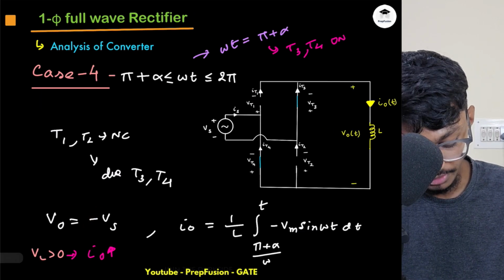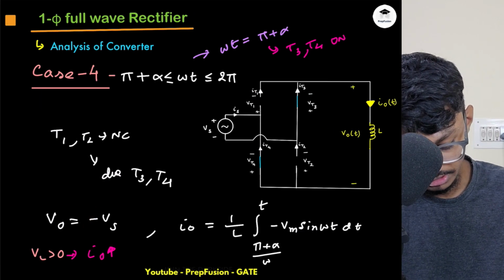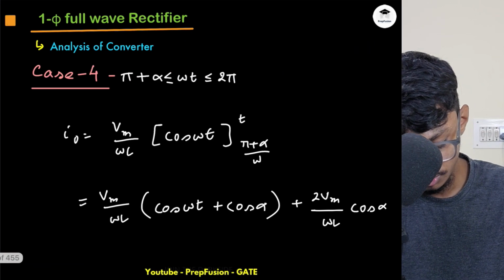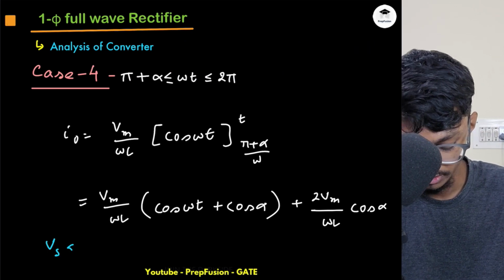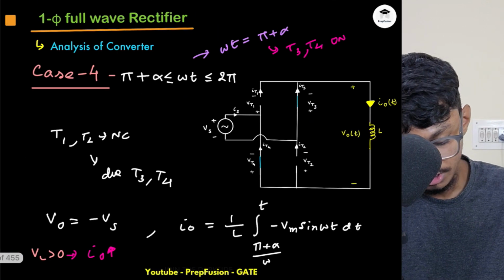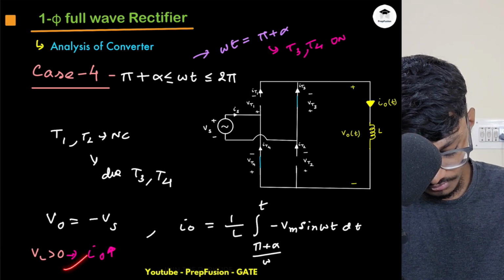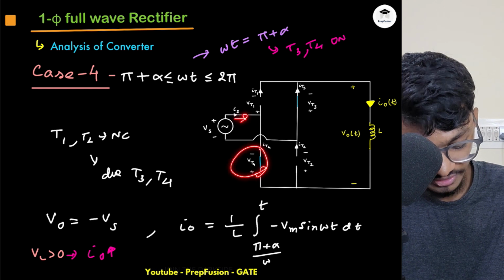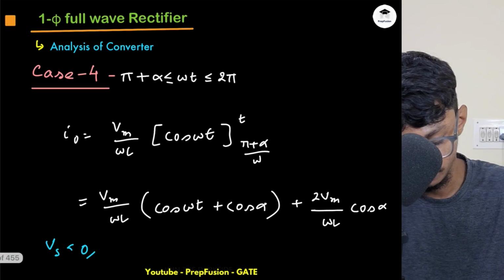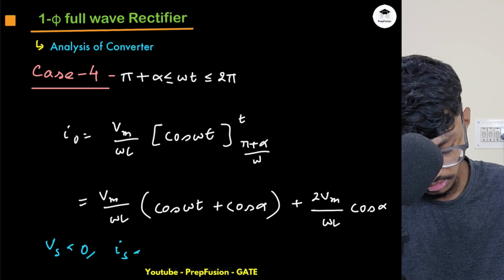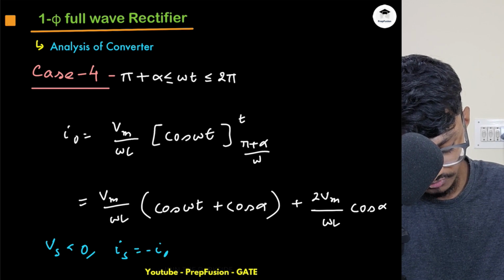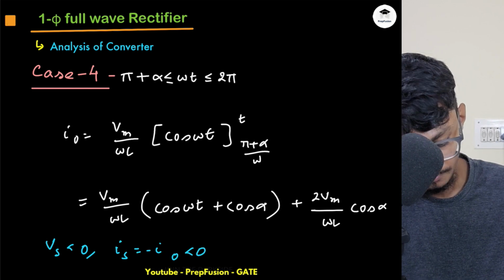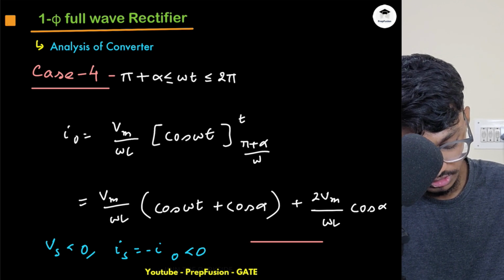In the negative half cycle, Vs is less than 0. What is Is? If I observe, Is is basically this value. So Is is minus of IT4, which is equal to minus of IO, which is again less than 0. Hence overall my power flow is what?